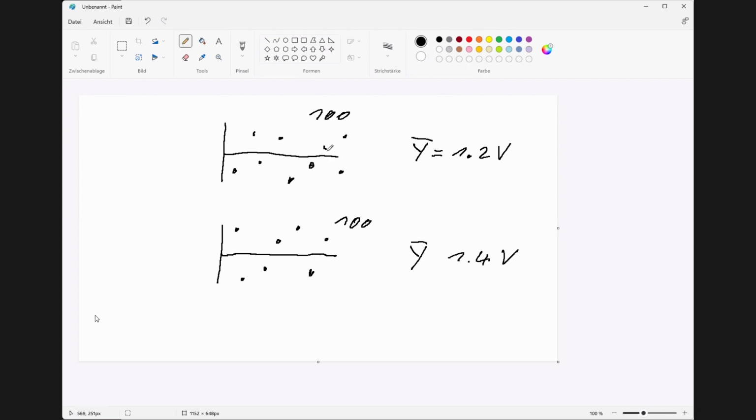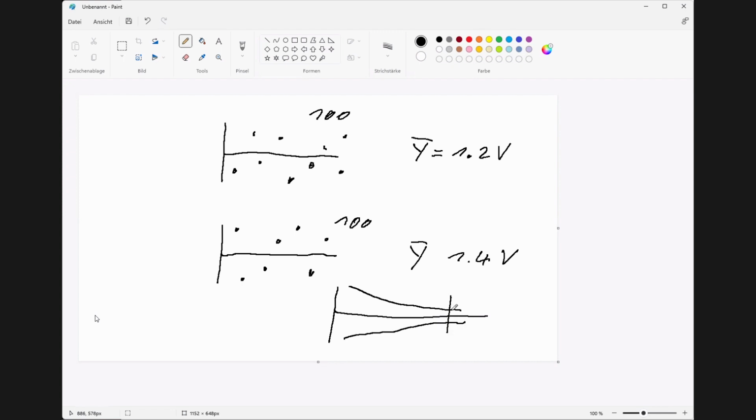Is this the same measurement row? Is this only caused by the natural scattering in this measurement row, or is it another measurement equipment or another measurement row? Have we done something different? And then you calculate for the measurement rows the running mean.